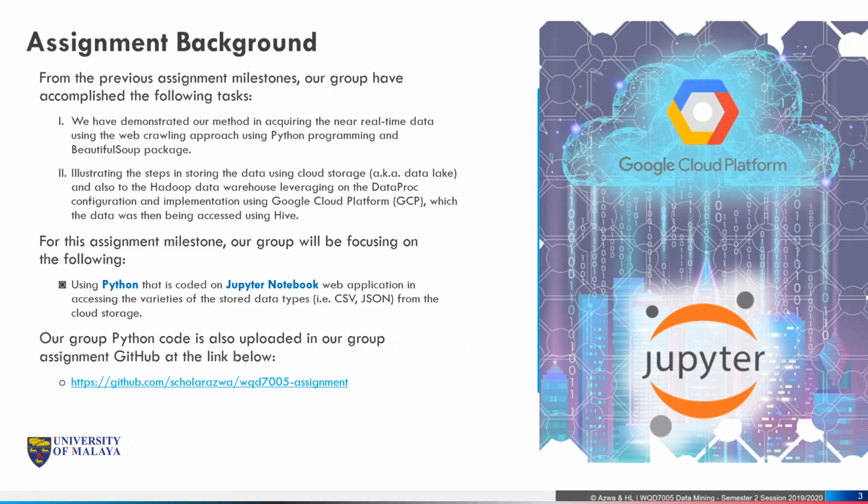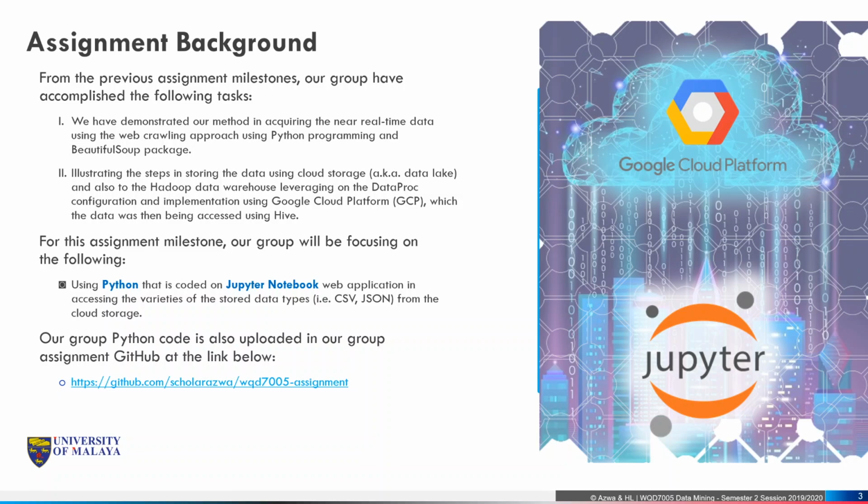So as a result of that, in this particular milestone 3, our group will be demonstrating how we are going to use Python coded with Jupyter Notebook in accessing the web applications from which we have acquired the data, in various different data types.